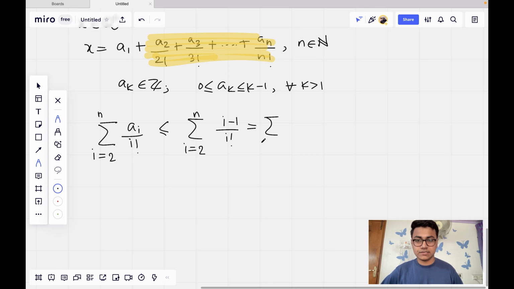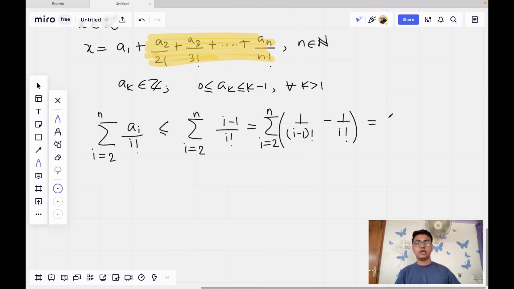As you will see, this summation breaks down very nicely into a telescoping series. This just becomes 1 by i minus 1 factorial minus 1 by i factorial. And this is a telescoping series. The final answer that we get is 1 minus 1 by n factorial. And as you can see, this is strictly less than 1.